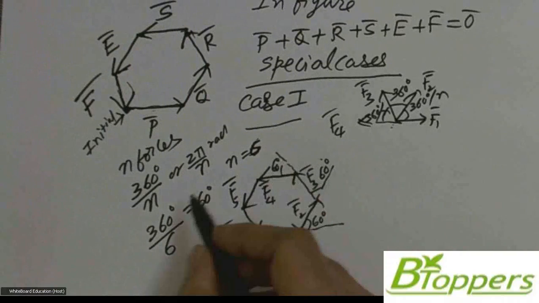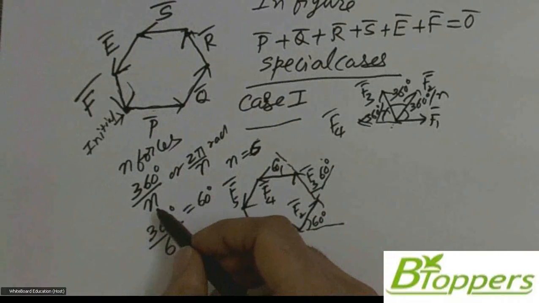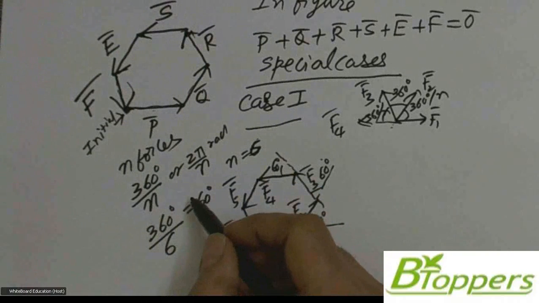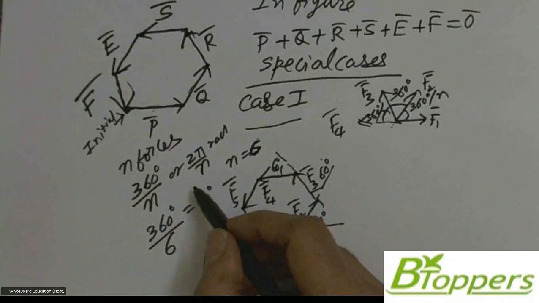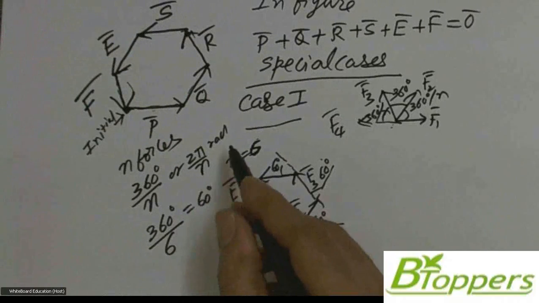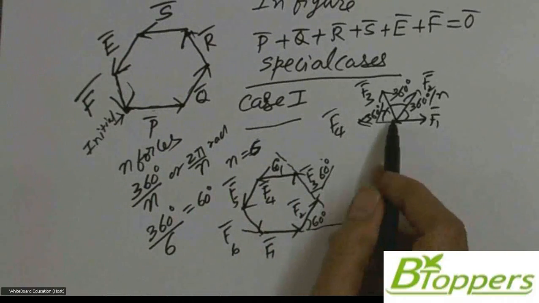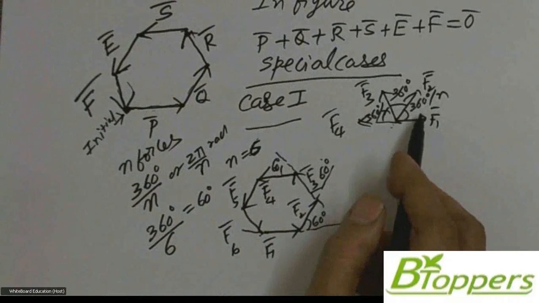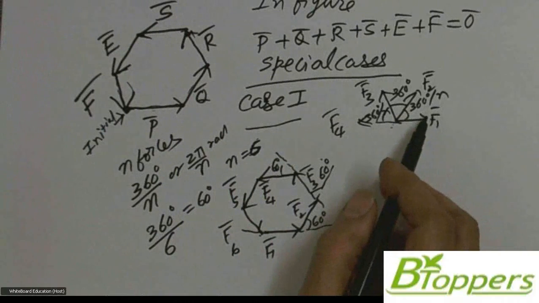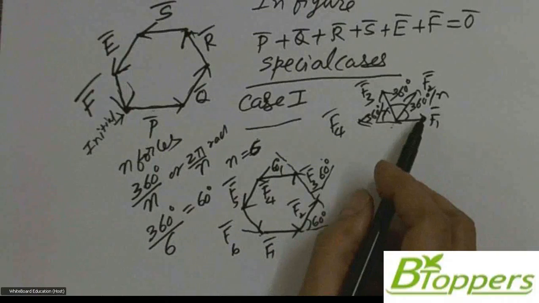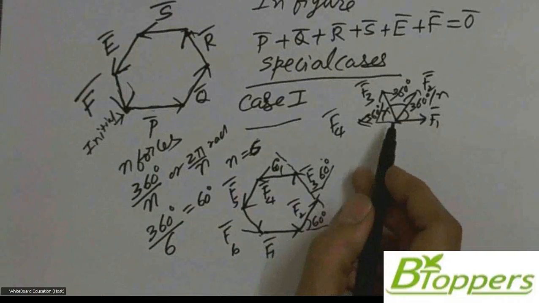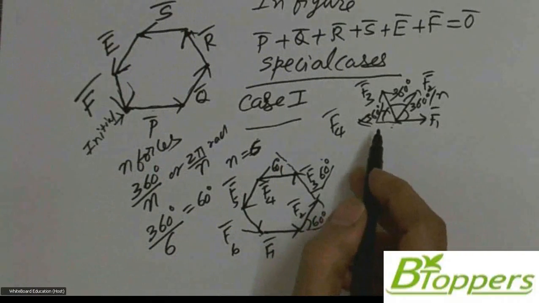That means in general, if there are n forces of the same magnitude acting simultaneously on a particle, such that each force makes an angle of 360 degrees by n, or 2 pi by n radian, with the previous one, then the magnitude of the resultant will be 0.